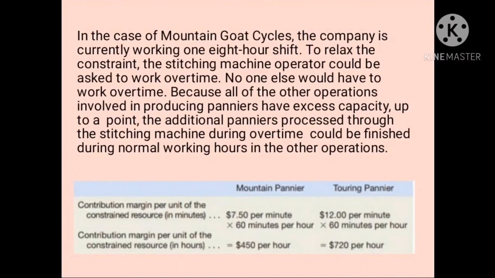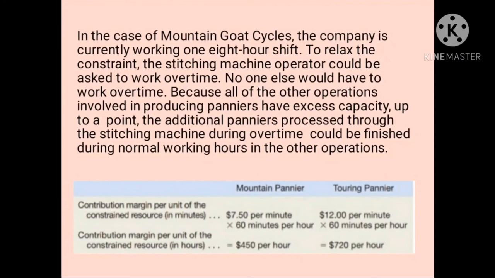These calculations indicate that managers should pay great attention to the bottleneck operation. If a bottleneck machine breaks down or is ineffectively utilized due to breakdowns or setups, the company loses between $7.50 and $12 per minute.